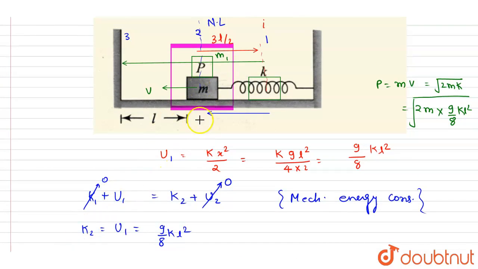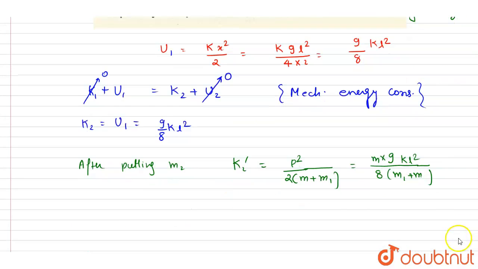Now we can conserve the energy from position 2 to 3. I will write down the changed kinetic energy at position 2.